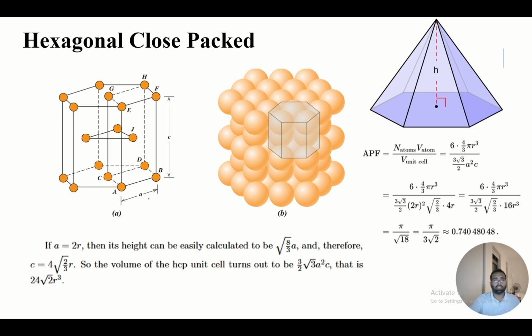So in this case, we also need to calculate the APF. So how we can calculate? So this base is the hexagonal, and the dimension of one A to B is A actually, and now you need to calculate the height.